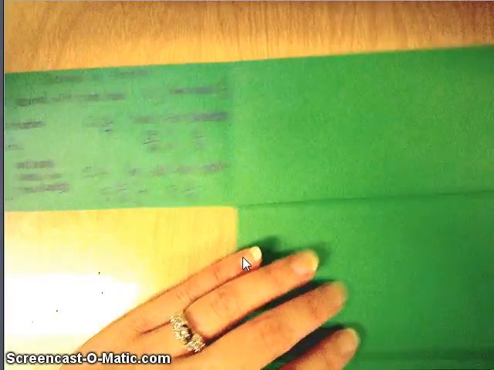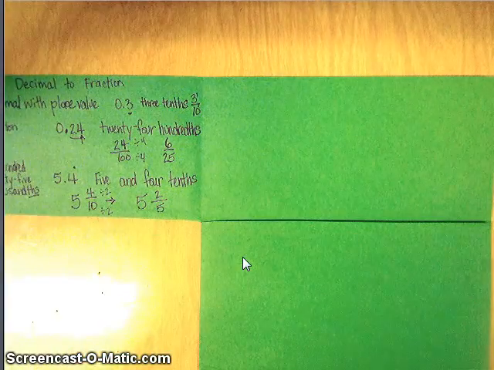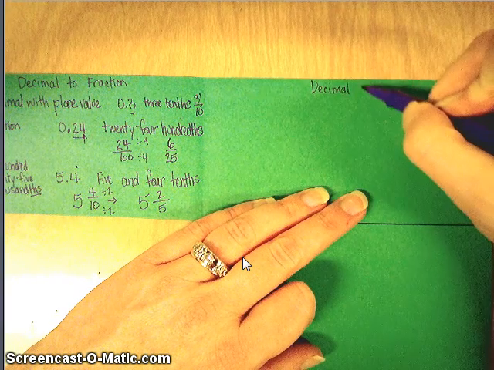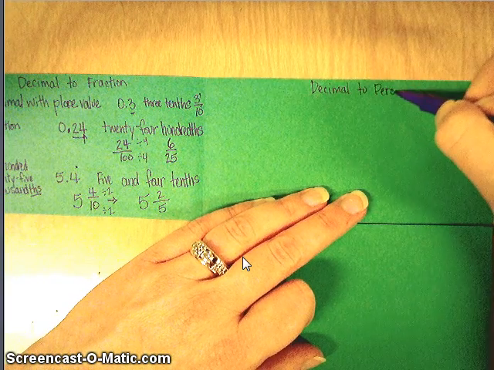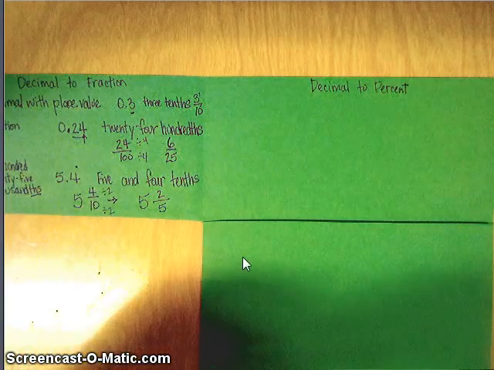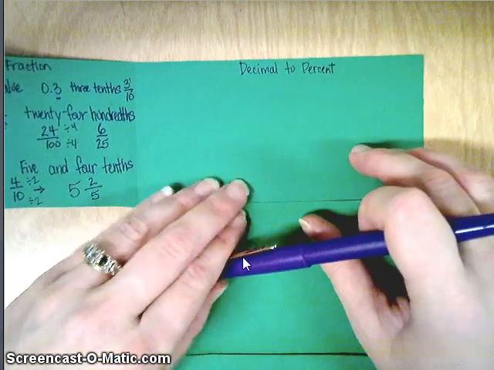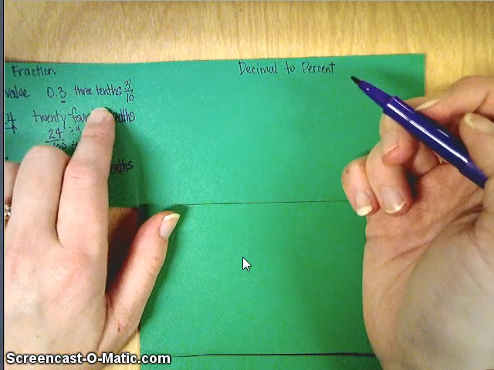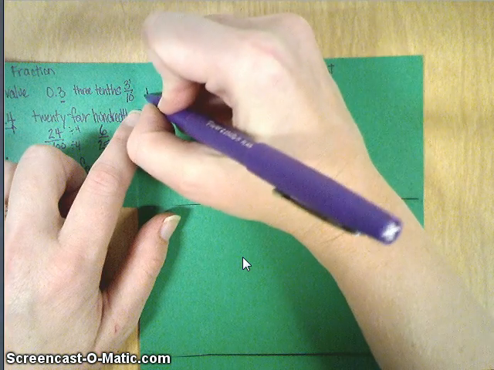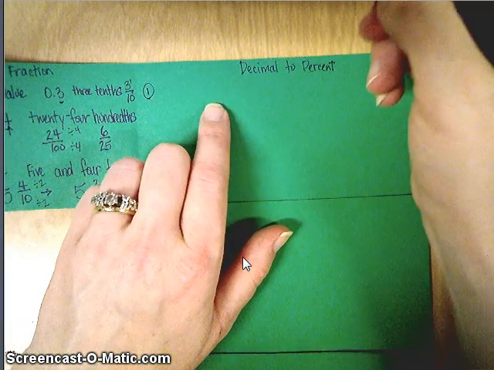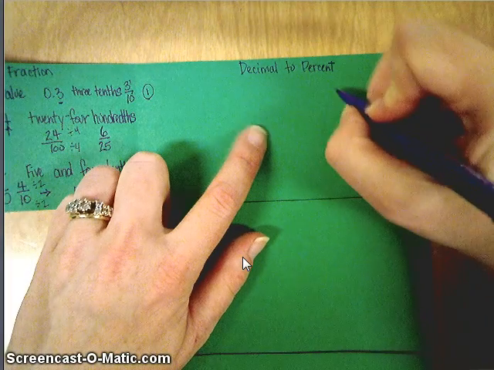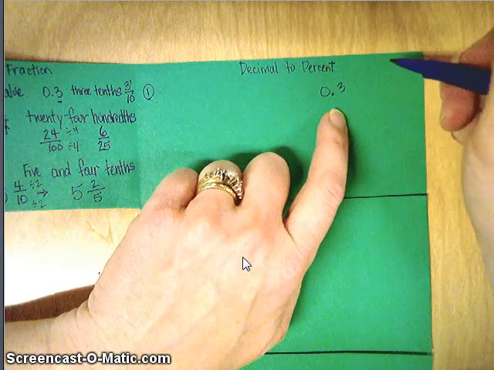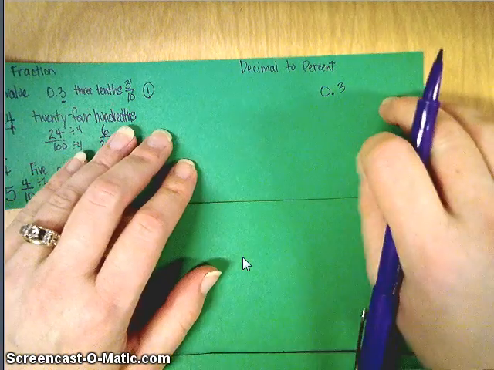Let's move on to decimals to percents, changing decimals to percents. If we had the 3/10 from over here as a decimal, and I wanted to know what percent that represented, it's very, very simple.